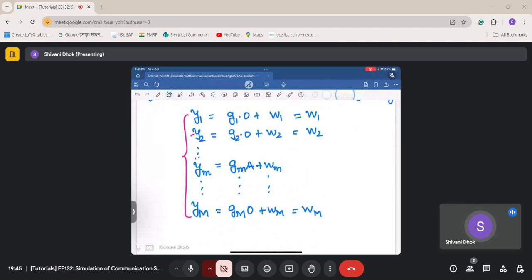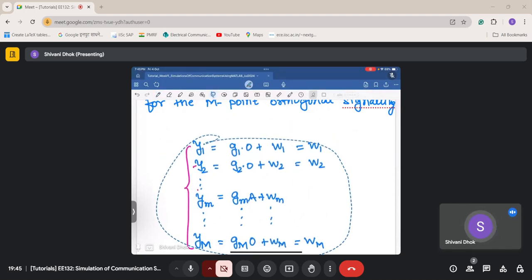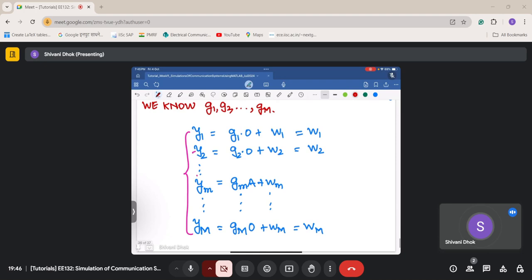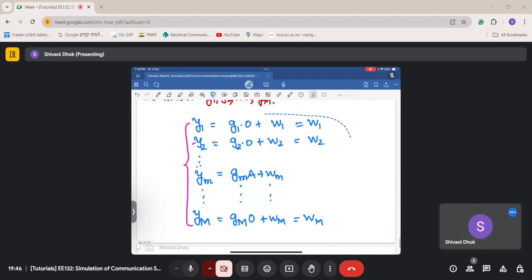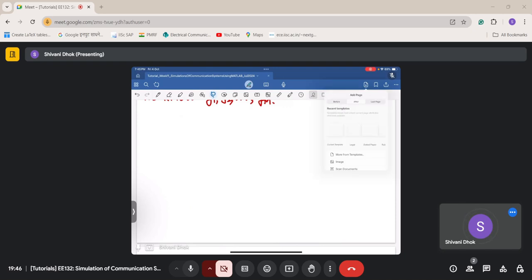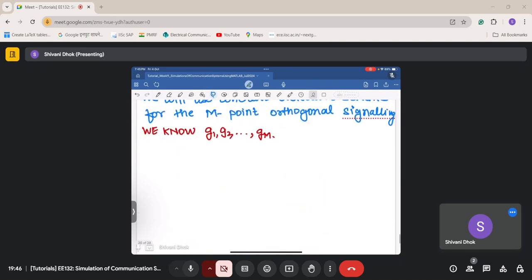What changes now is, since we have coherent detection, we know G1, G2 and so on till Gm. We know these. So now what will happen is, if I have the knowledge of these things, I'll take up this, and we know this.